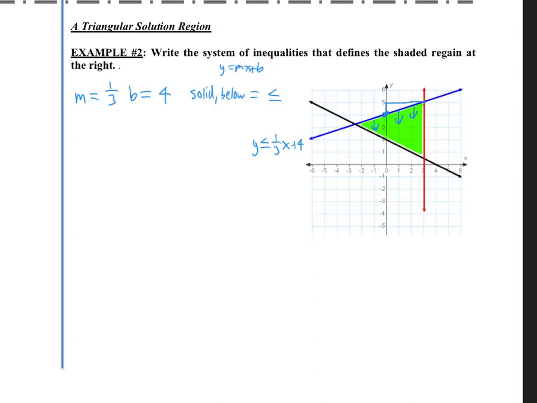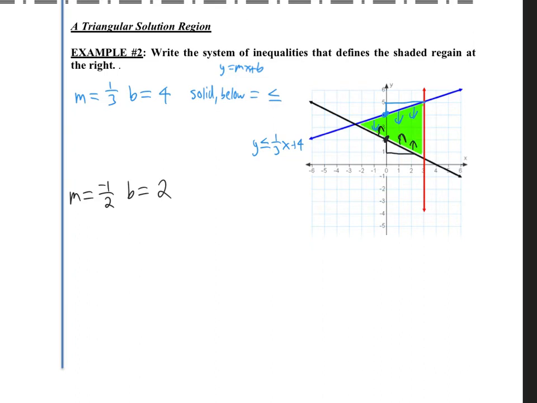All right, let's do the black one now. The black one looks like we start at our b, we start right here, it crosses the y-axis at 2. And for our m, we go down 1, right 2, it looks like. So negative 1 over 2 is going to be our m. And then what about the black line? We're shading above the black line, it looks like.